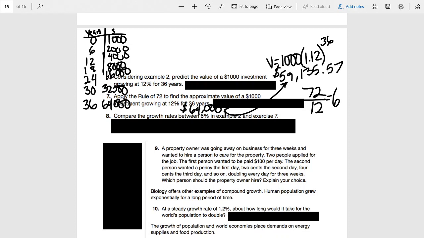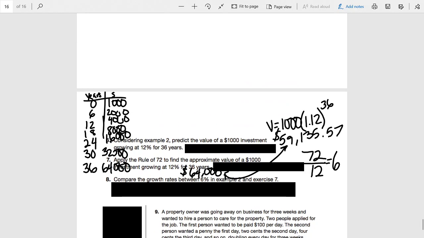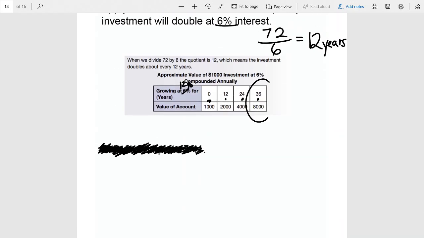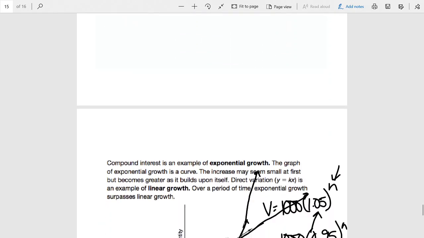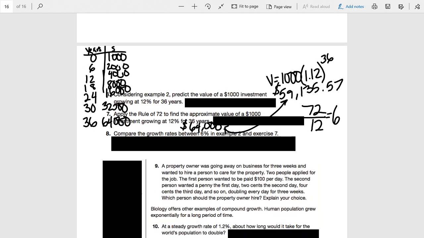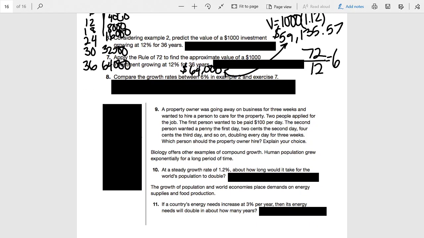Okay, so comparing this at 12% to my earlier amount, we have $64,000 after 36 years, compared to only $8,000 at that 6%. Makes a big difference between these two. By doubling the interest rate, I have basically multiplied my amount of money by 8 by the end of that time. Pretty incredible difference.